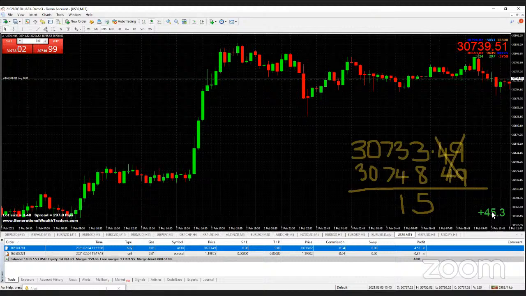Because when it comes to indices, you would have to do some simple, quick calculation. So we saw here a while ago when there was this price movement, it was 15 points, but it was showing 150 there, which basically means times 10.